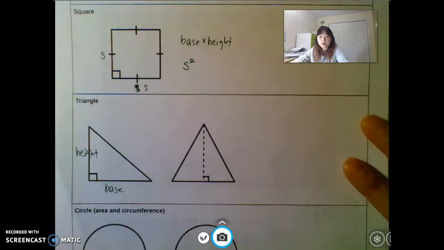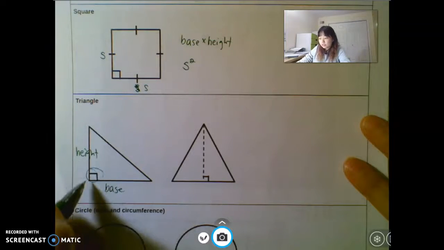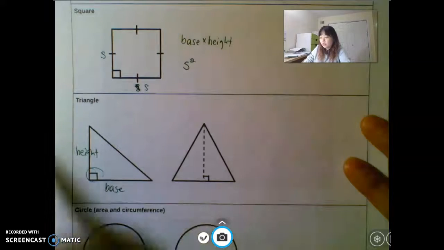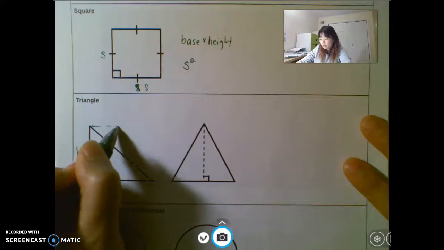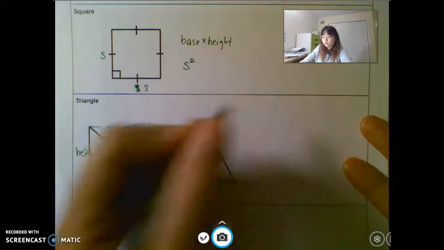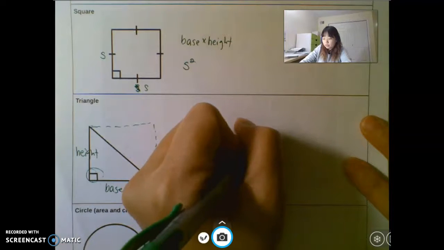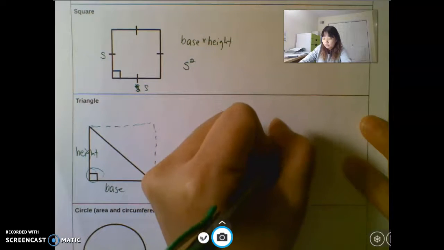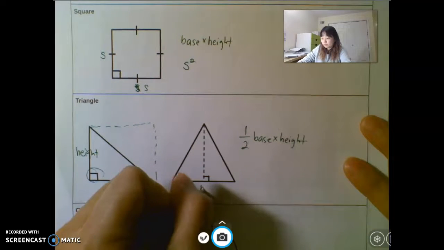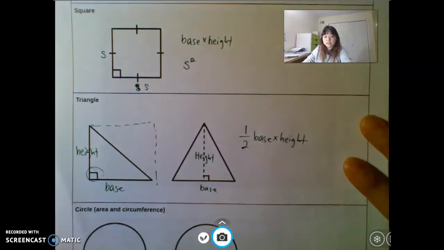A triangle is really half of a rectangle. If we had the other side, the missing part, that makes a rectangle. So that is why we call it 1/2 times base times height. It's half of base times height, and always look for the 90 degrees for the height.